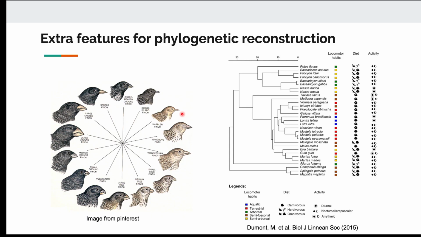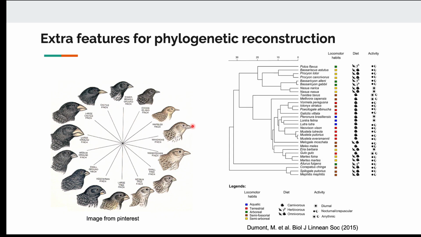So some people also use phenotype, like the color of the feather or the shape of the beak. Or for plants, it might be the shape of the leaves or other aspects of the tree to drive the reconstruction. Animals with similar phenotype should also be more similar when compared with their genomes. So this is also possible.